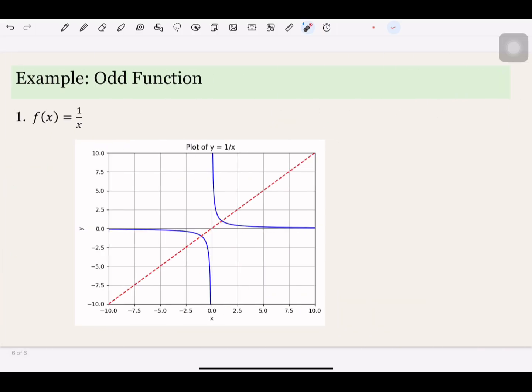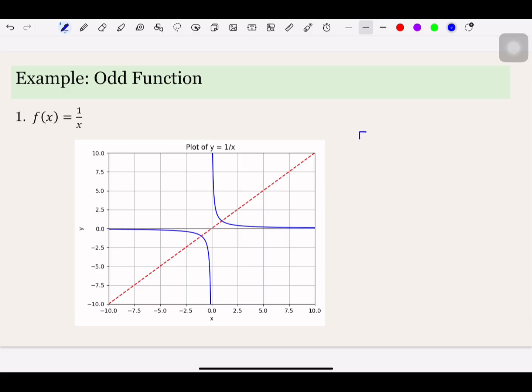Okay, the final example for an odd function: we have f of x equals 1 over x, a classic rational function. We want to determine whether it's even, odd, or neither. To check that, let's use the definition.